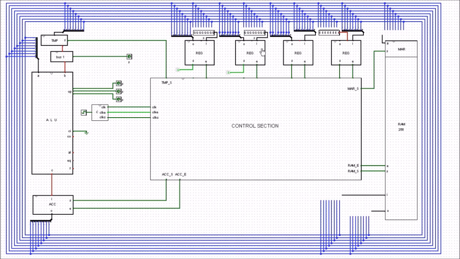What I've done is I've disconnected the input to this register so that we can manually put a number in. So what we're going to do is we're going to take this number here from this register, put it on the bus, and then it will get into temp, and it will just sit there.